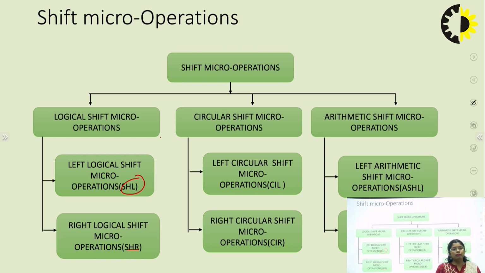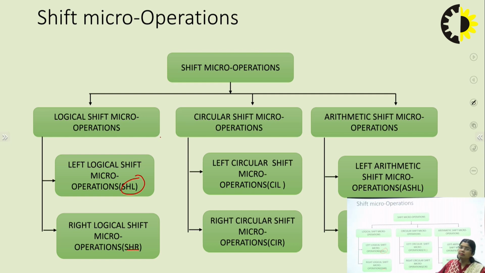Whenever we perform a shift micro operation on R1, which holds some data, we can write it as SHL R1 for the logical shift left and SHR R1 for the logical shift right.